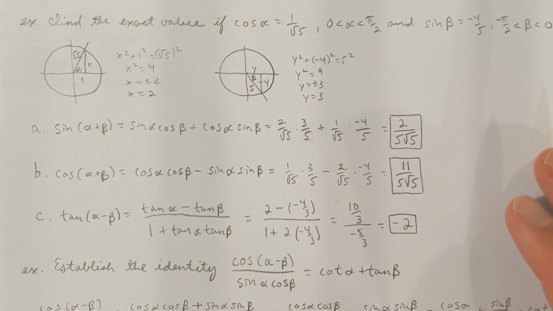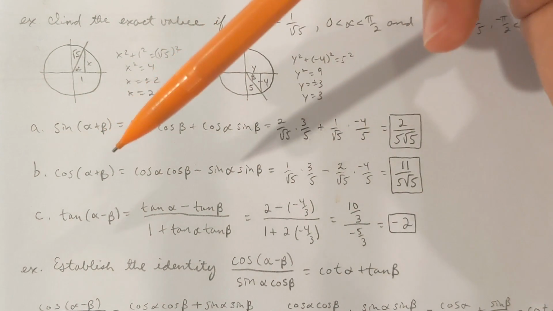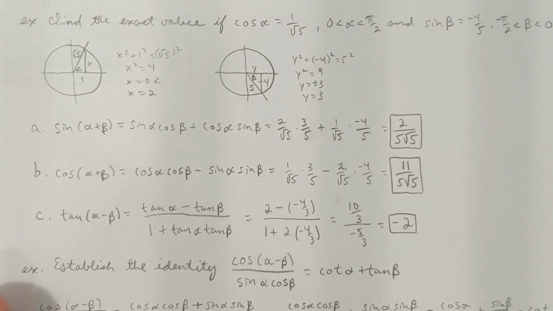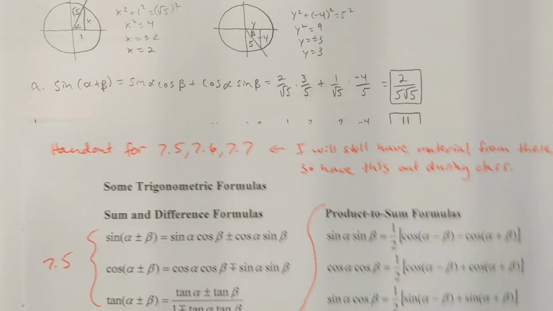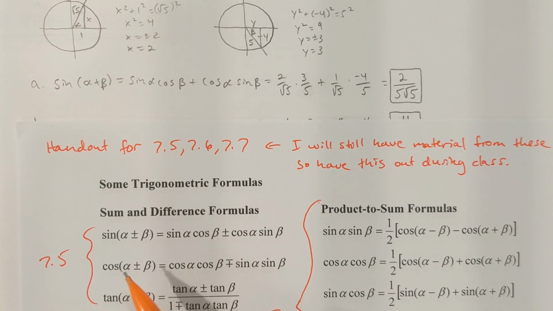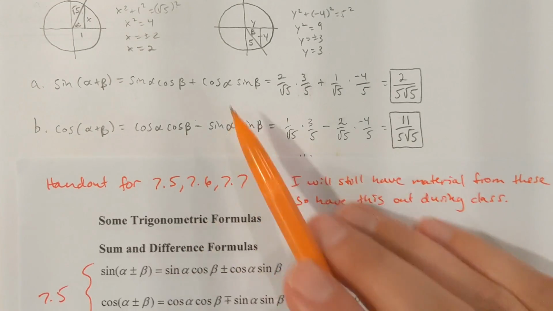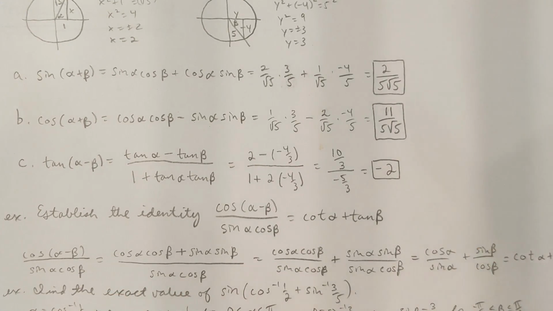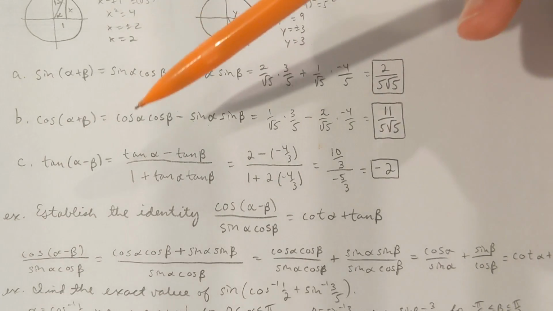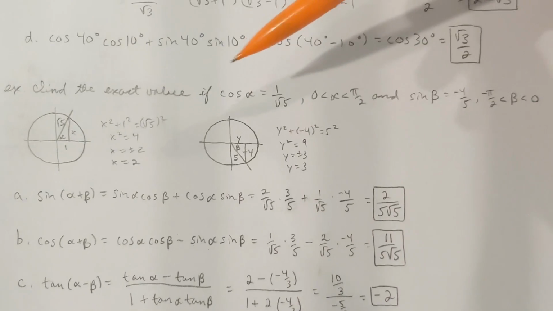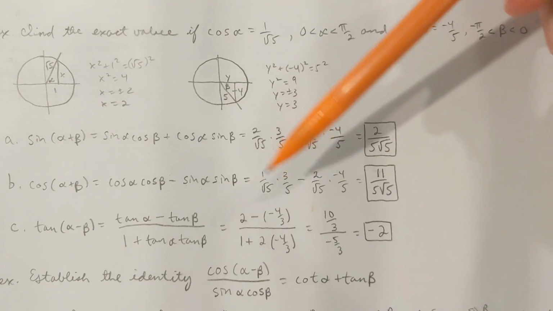Okay. And part B, I want to find cosine of alpha plus beta. So I want to use my sum and difference formula here for cosine of alpha plus beta. And I've got that written down. Okay, and I can now get the individual numbers. So cosine alpha is given to me, that was 1 over root 5.